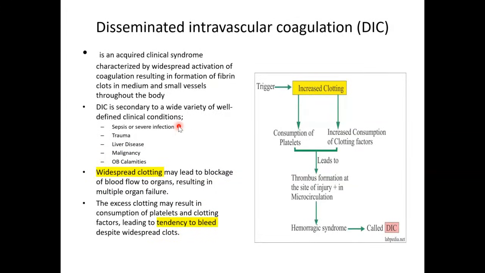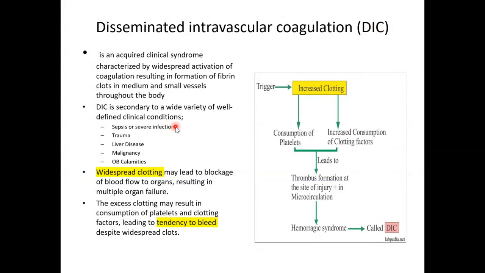Probably the most common clinical condition that happens to a person is they become septic, which is a severe infection. That's number one. Number two is trauma. So they may go in the hospital because they're septic from a UTI, but they might develop or acquire this DIC on top of that.